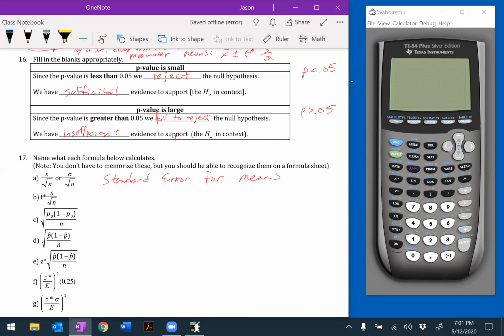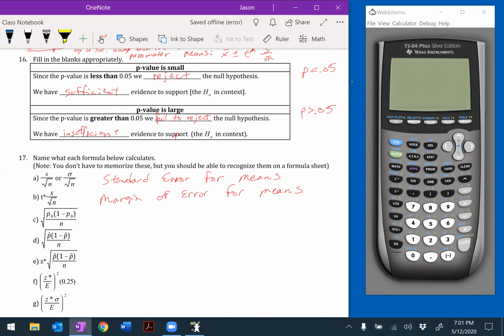Okay, what's T star times S over square root of N? Well, we just talked about that. That's the margin of error for means. What about C here? The square root of P naught times 1 minus P over the square root of N. What is that going to be?